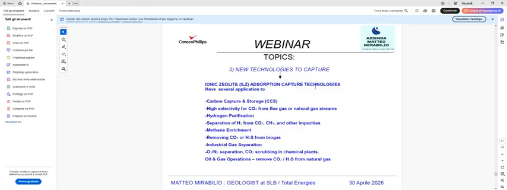Ionic zeolite adsorption capture technology has several applications. Carbon capture storage is clear. Separation, in this case, for example, of hydrogen from CO2, methane, and other impurities. Removing also CO2 and all pyritic gas that can create a flare.